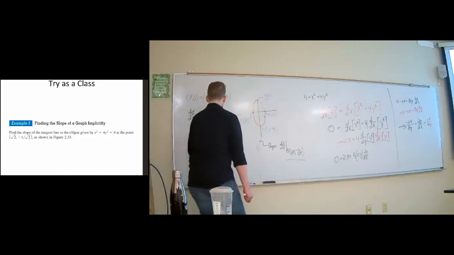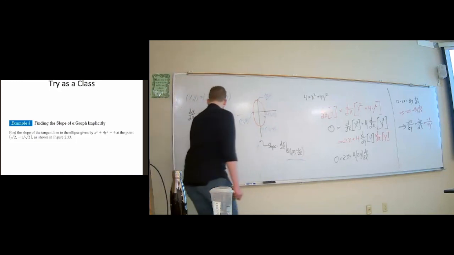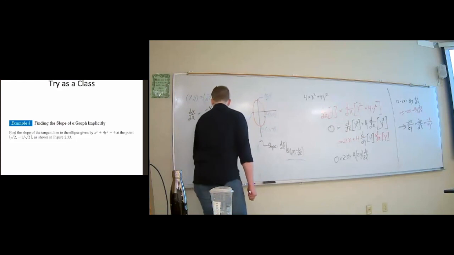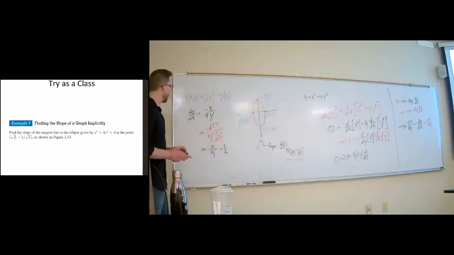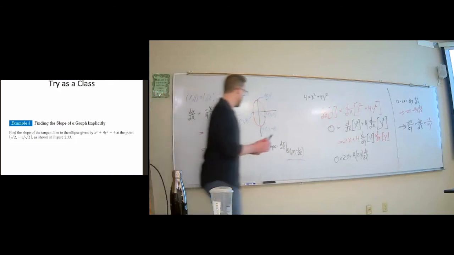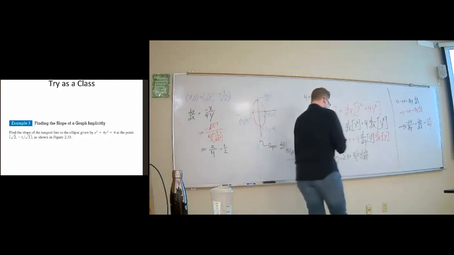The negatives cancel, and we can bring the square root of 2 up top to get 2 over 4, or just 1/2. So this thing is equal to 1/2.